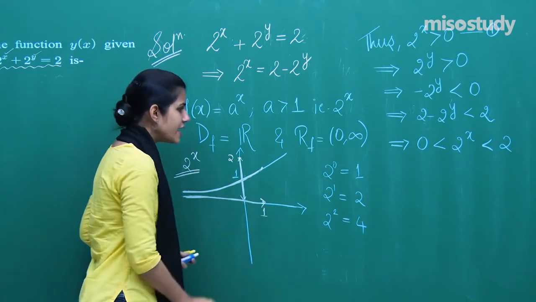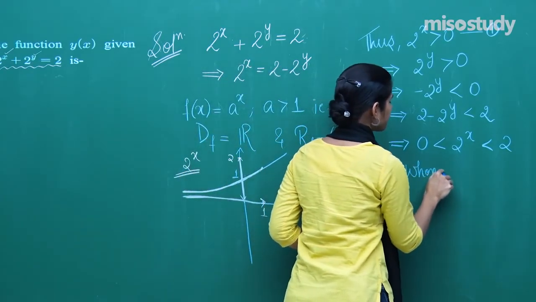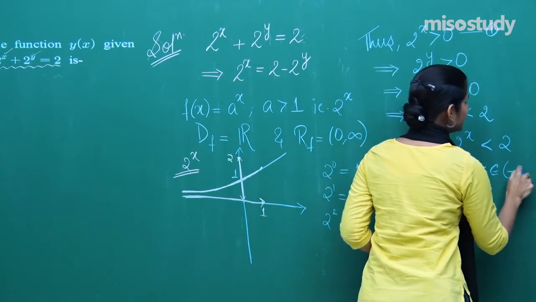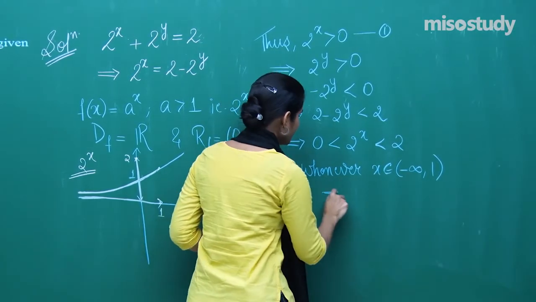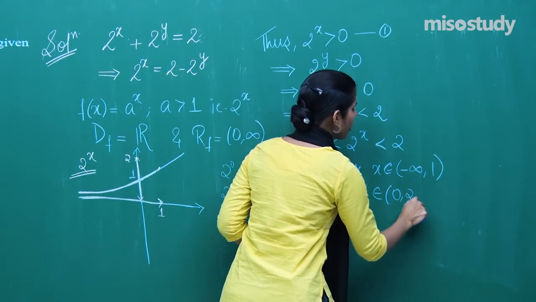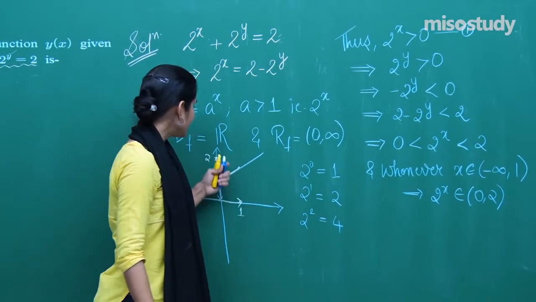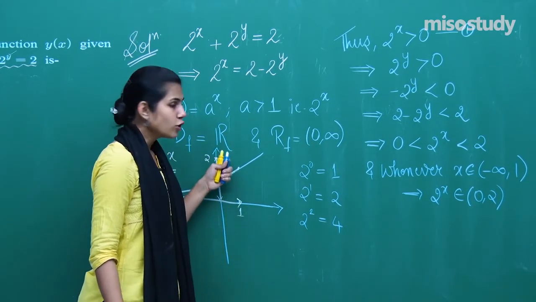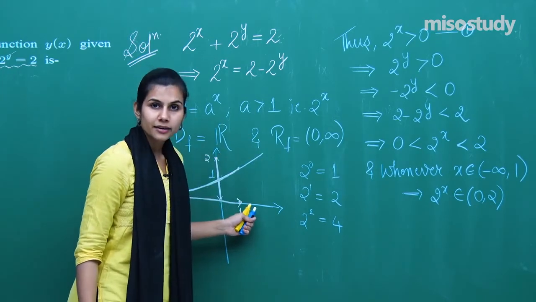That means whenever x belongs to minus infinity to 1, this implies 2 to the power x belongs to (0, 2). Because 2 to the power 1 is 2. That's it. The moment I go beyond 1, my output will be beyond 2. So I cannot go beyond 1 in the domain.